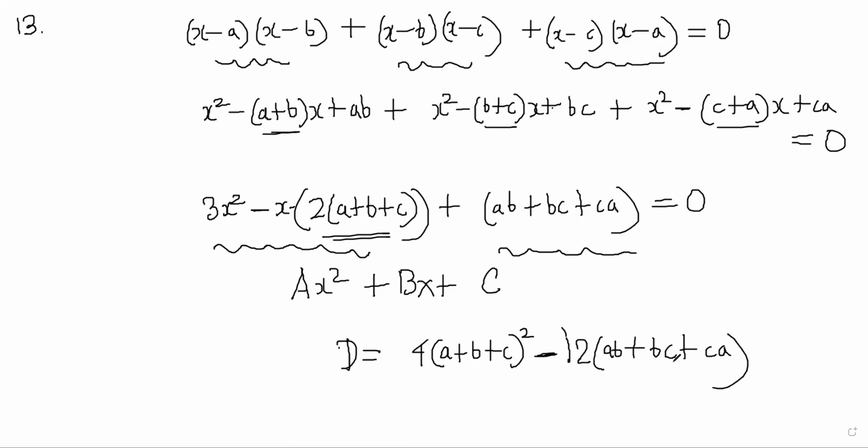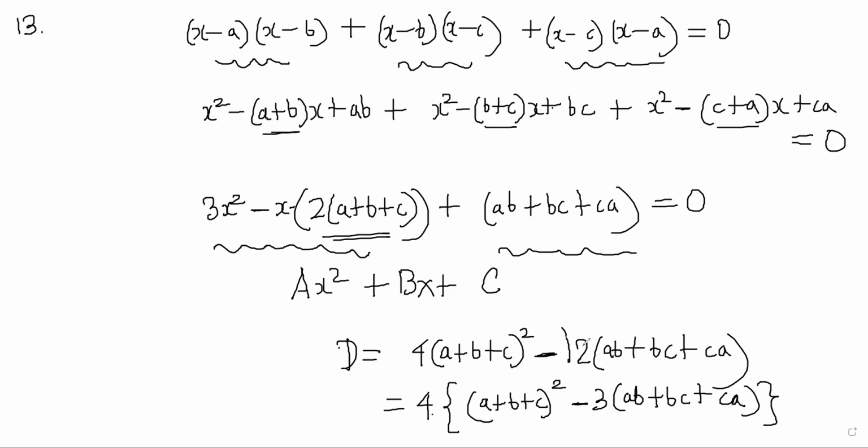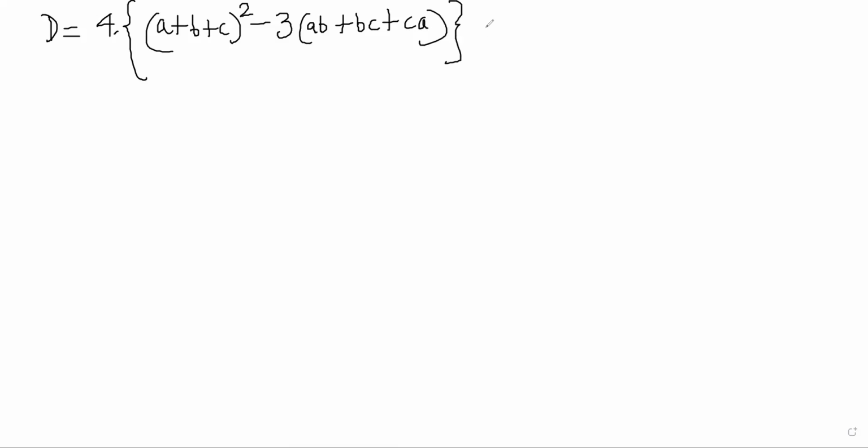Now take 4 common, and this will become a plus b plus c whole square minus 3 times ab plus bc plus ca. Let's simplify the discriminant in the next screen. So the discriminant is 4 times a plus b plus c whole square minus 3 times ab plus bc plus ca. If you remember, the square will have 2ab plus 2bc plus 2ca, right?